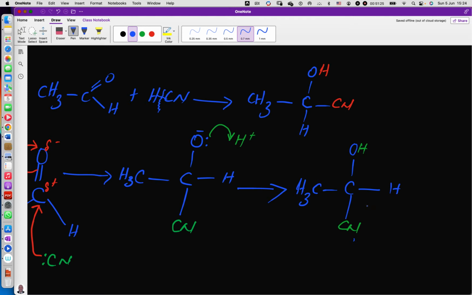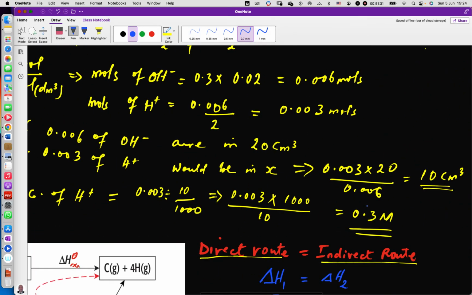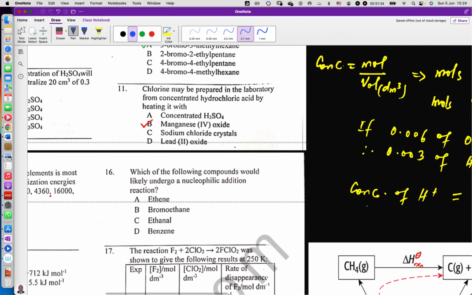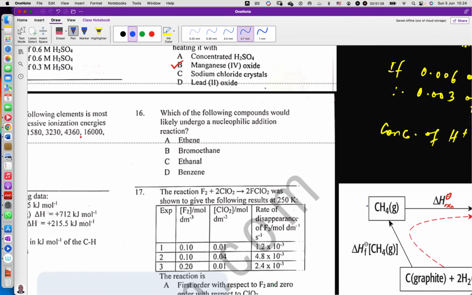So it is only ethanol that can undergo this nucleophilic addition. So our answer for question number 16 is C.